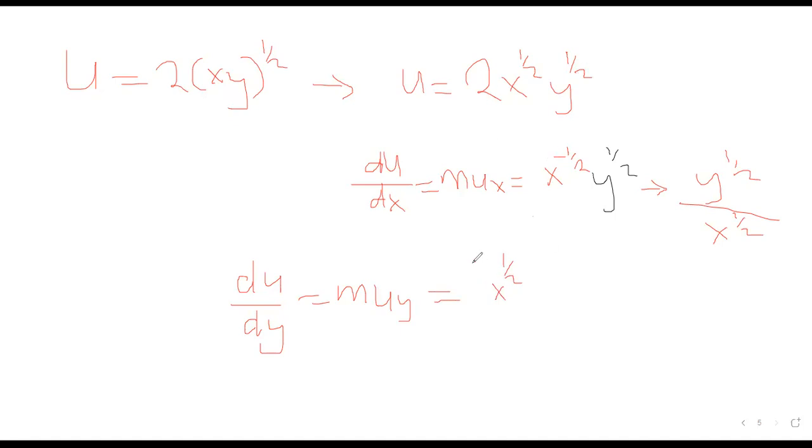Half times 2 is 1, an invisible 1. Then differentiate the y, subtract 1, you have negative half. So this will give us x to the half, y to the half. I think those of you who attended my calculus class, I never have to explain this.